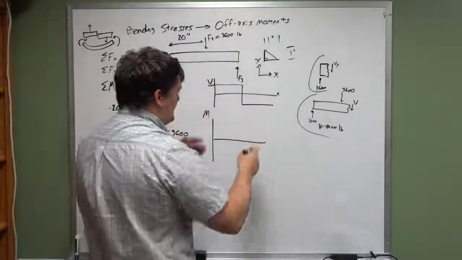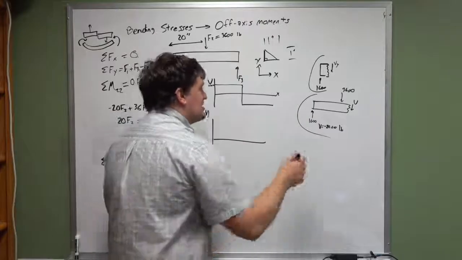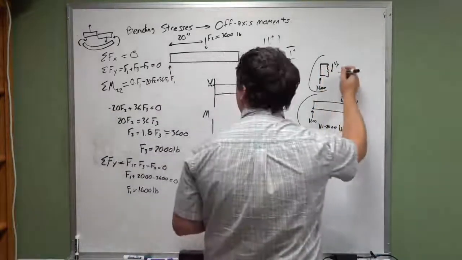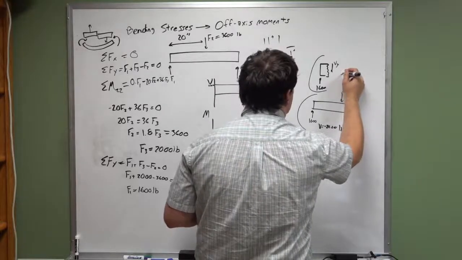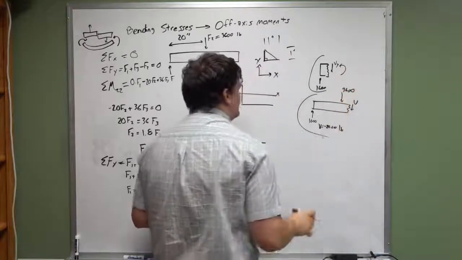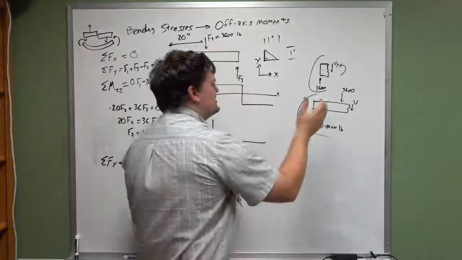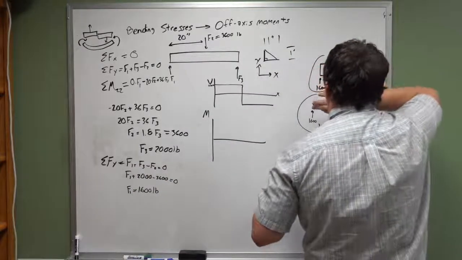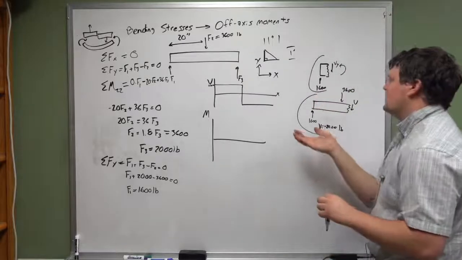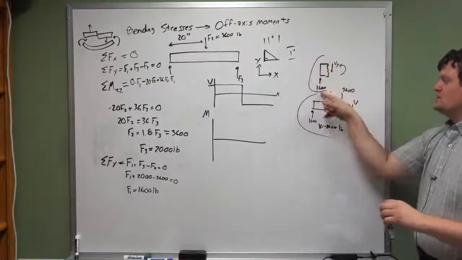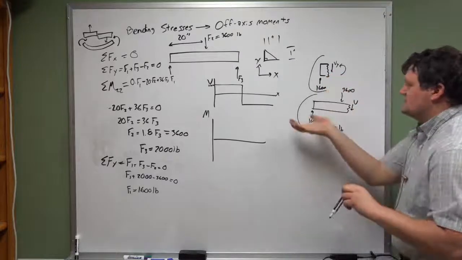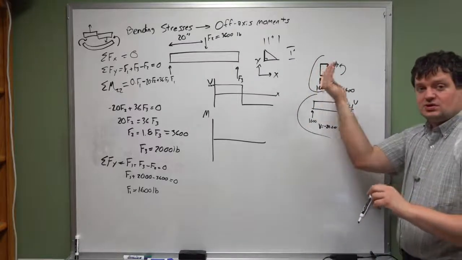So integrate that, or we could just say, all right, this has no moment, but it carries a moment across this cross section. What you'll see is that if I apply my right hand rule, this 1,600 pound force, analyzed from this location, applies a negative moment.